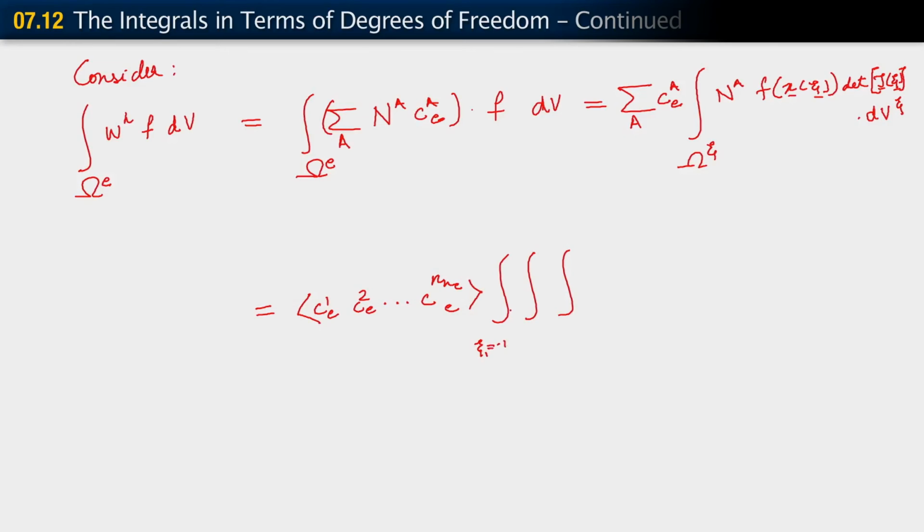C1 equals minus 1 to 1. C2 equals minus 1 to 1. And C3 equals minus 1 to 1, right? Our integrand here consists of a column vector of the basis functions. They're often called shape functions, but it's a term that I've been avoiding. Okay, we have the basis functions.